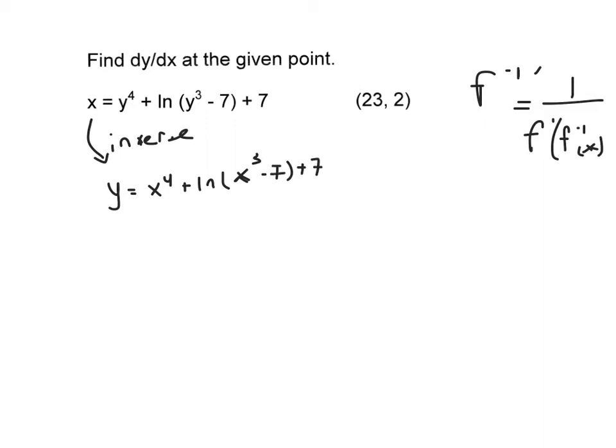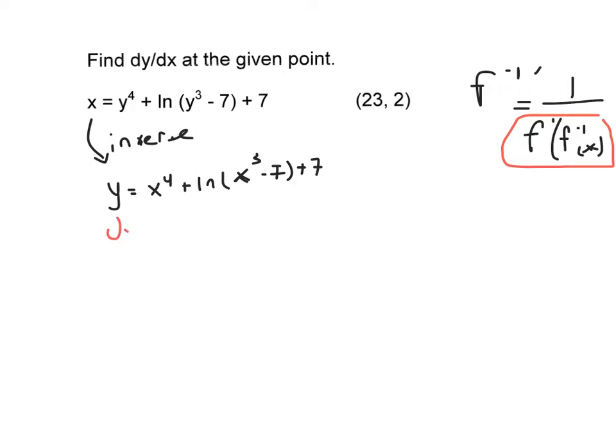That way we don't actually even have to use the rules of natural log, which is kind of nice. So instead, for the y value, we're going to find the derivative of that now. So we're literally finding the derivative of the inverse. Like, that's literally what we're doing right now.